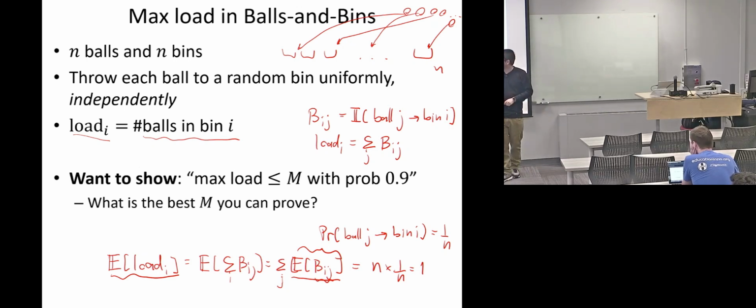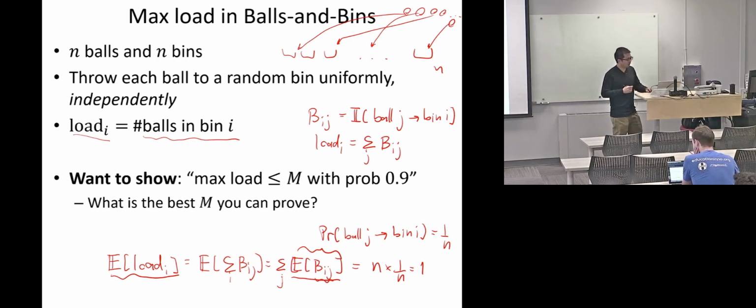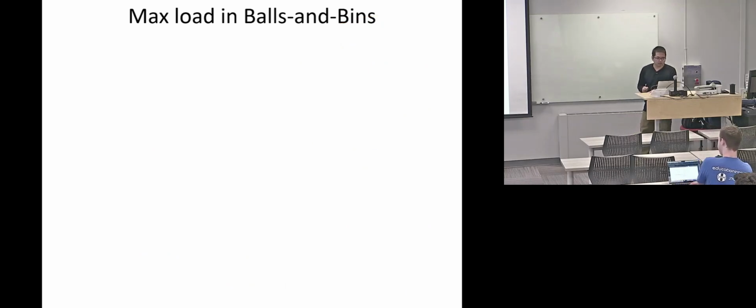What's the best M that you can prove? That's our goal, and this is when a concentration bound is really good for you. The goal is clear, right? Okay, let's try to do this.